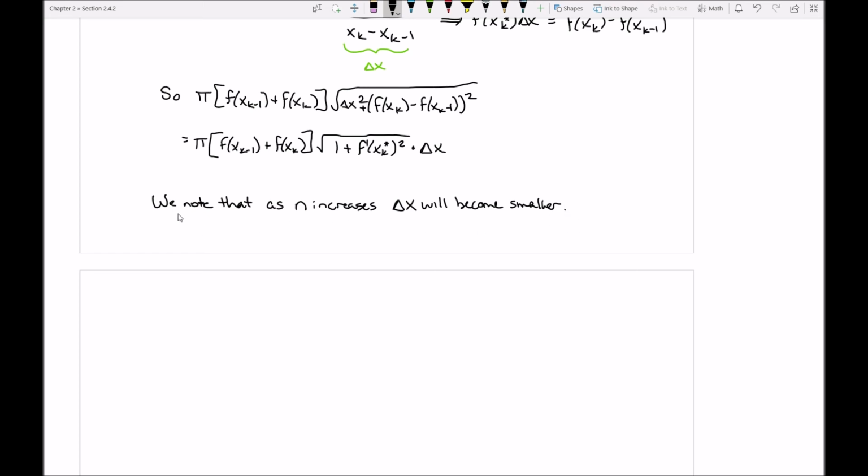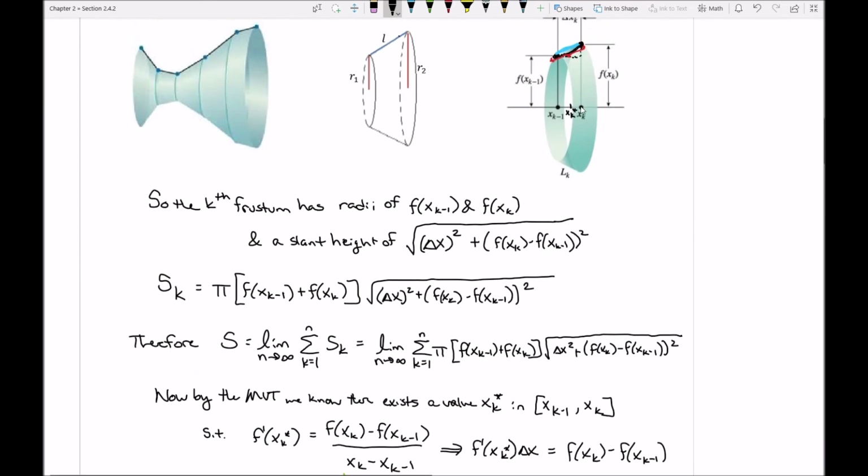let me recap. So I say we note that as n increases, delta x will become smaller, and since f of x is continuous on our interval from a to b, then we can definitely state that as this interval begins to shrink, I'll notice that this xk star that we found that's kind of wedged between these two endpoints is going to actually become closer and closer and closer to being the same x value as our endpoints.